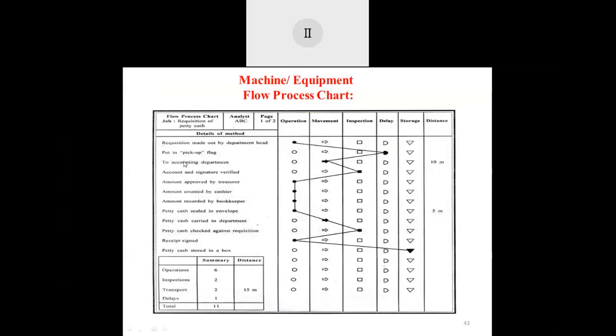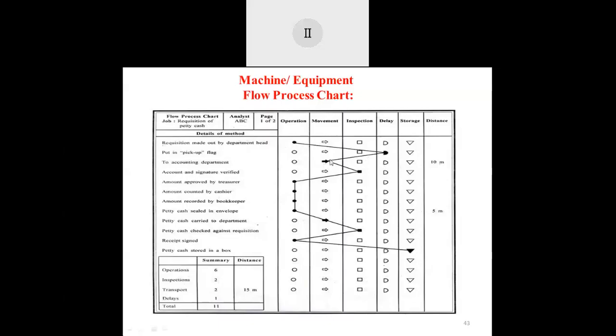Then next is the accounting department. After some delay, when some analysis is going on, after that they will send it to the accounting department for further process. So that requisition, those details will move to the accounting department.